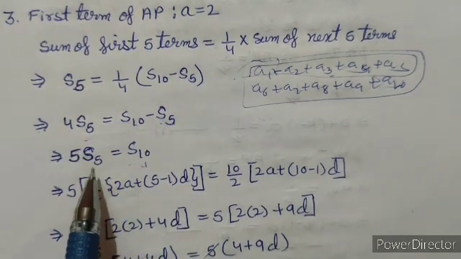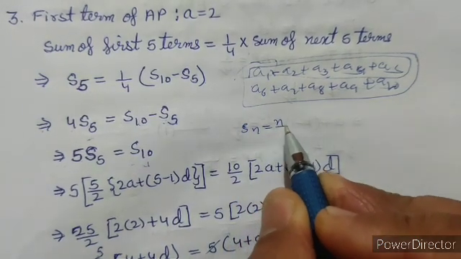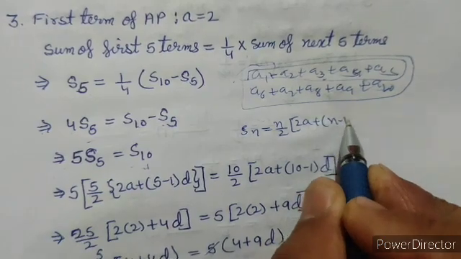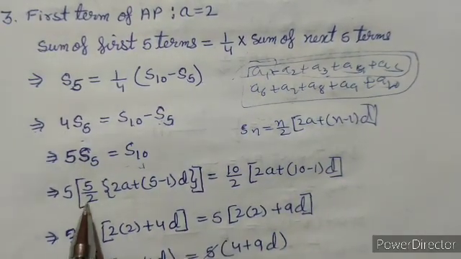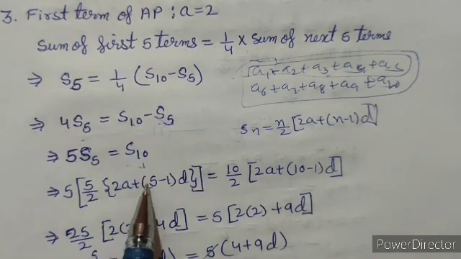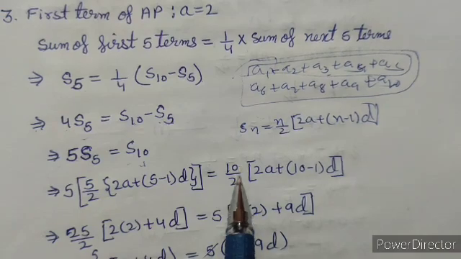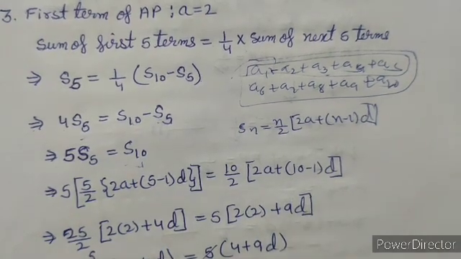Now as we know that Sn is given by n upon 2 into (2a plus (n minus 1) d), S5 will be equal to 5 upon 2 into (2a plus (5 minus 1) d), and S10 will be equal to 10 upon 2 into (2a plus (10 minus 1) d).